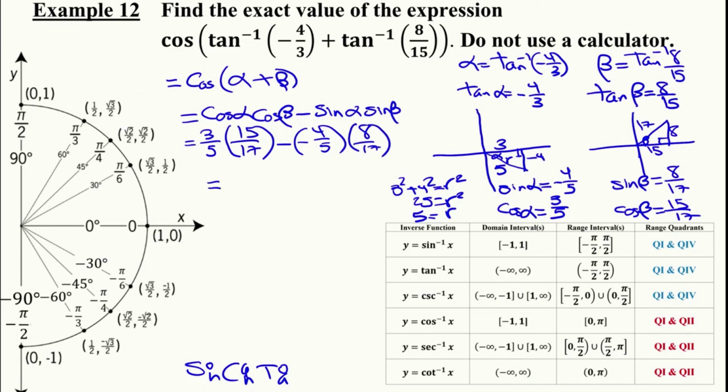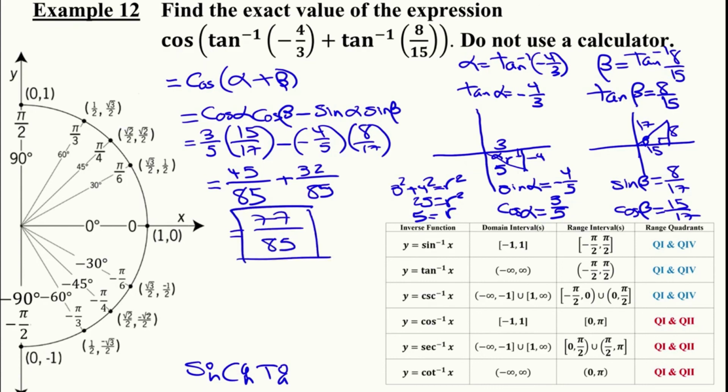So basically we get 45/85. The two negatives make a positive, so plus 32/85, which of course is going to be 77/85. And that's all there is to it.